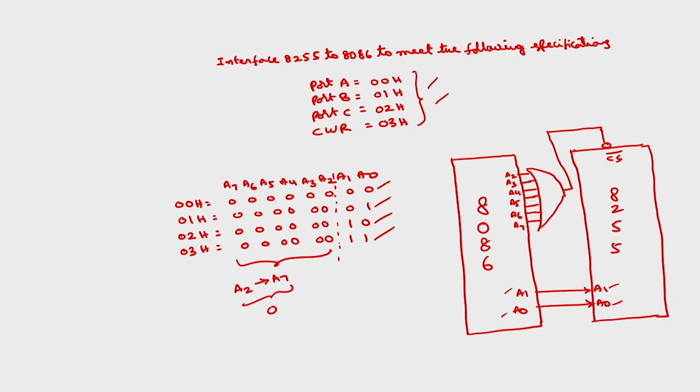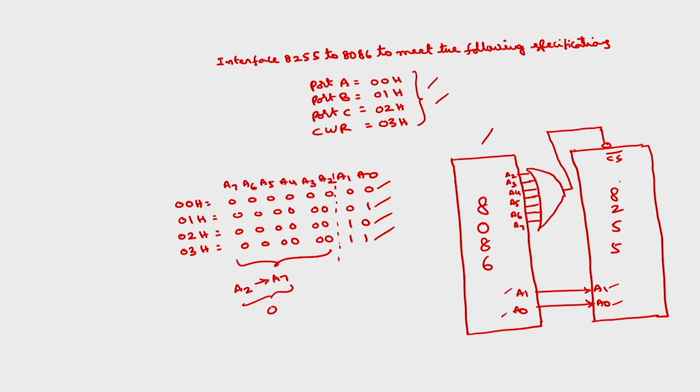Now assuming these connections, how do we connect an LED? First of all, what is the need of this? If I want to connect an LED here, why don't we connect the LED directly to 8086, or input devices such as a keyboard or 7 segment display, without using this 8255?